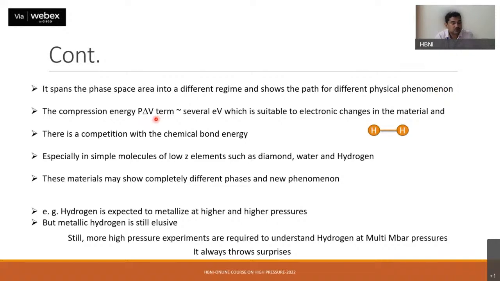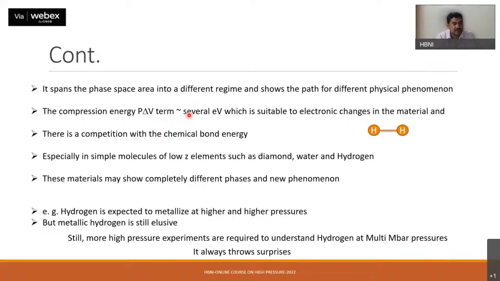Not only that, actually the compression energy, if you are pressurizing, the P delta V term, goes in the order of several tens of electron volts once you achieve these kinds of pressures, which is very suitable for electronic changes in the material. And with these kinds of pressures, there is really a competition with the chemical bond energy. Like this hydrogen molecule has a typical bond energy in the order of an electron volt.